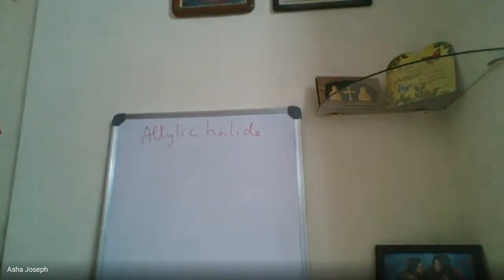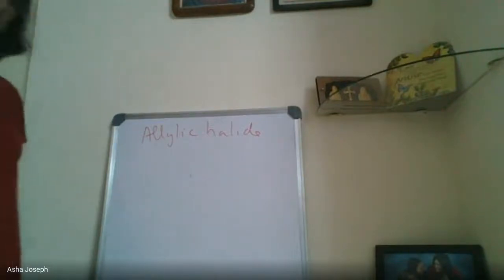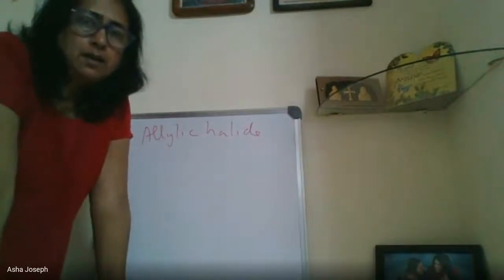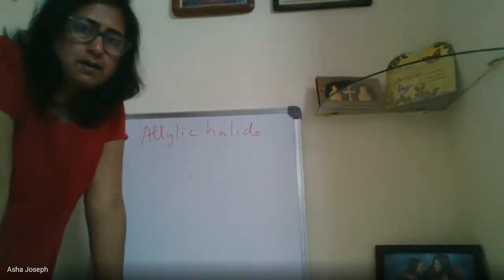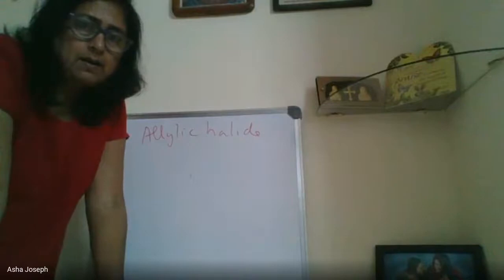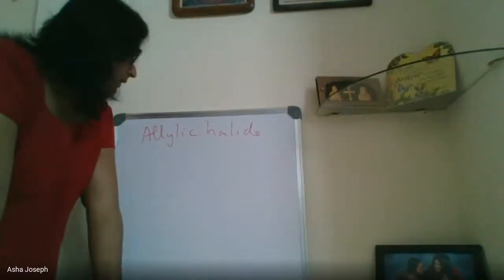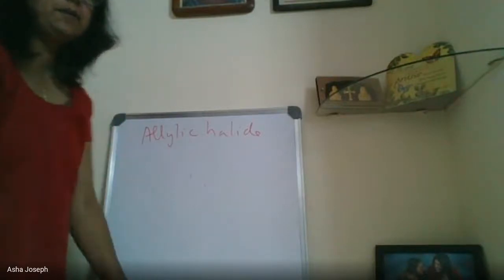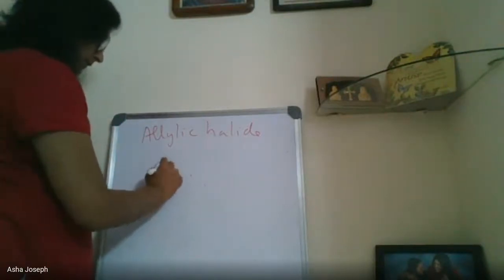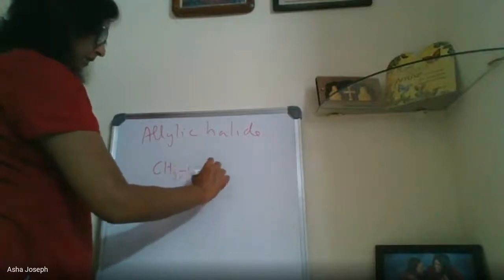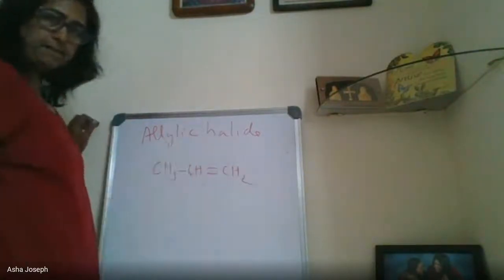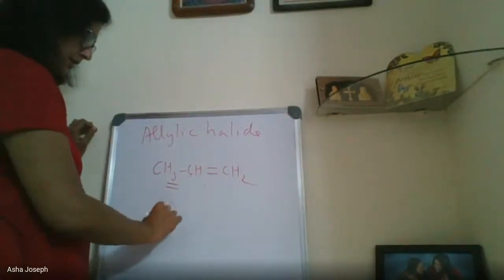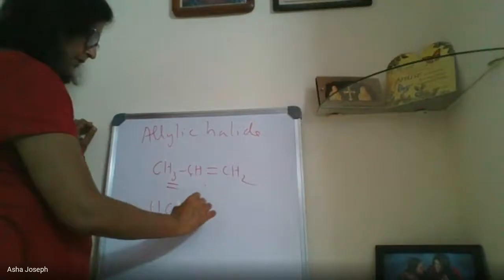Allylic halides. This is the next classification. So you should know what an allylic halide is. The easy way is to write propene. This is propene, and one hydrogen is removed by chlorine.